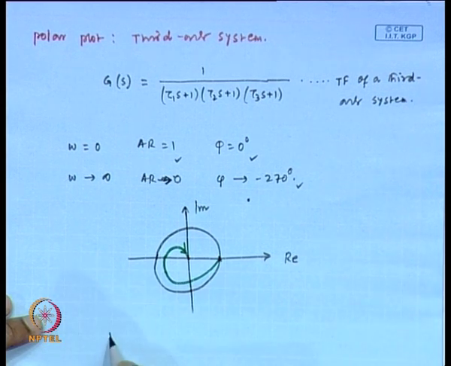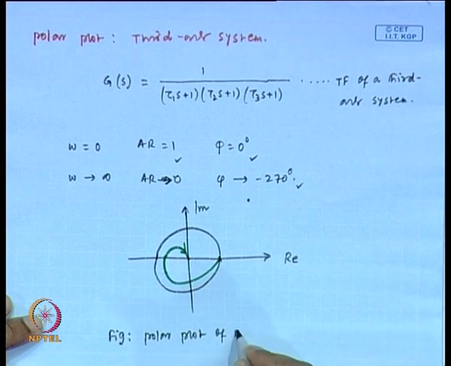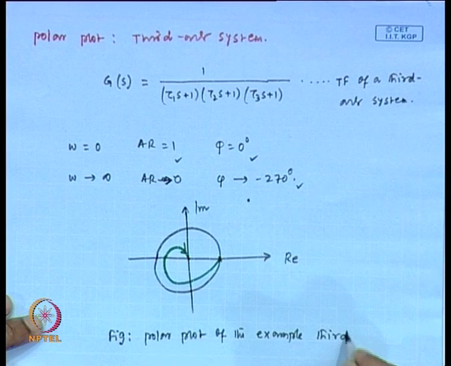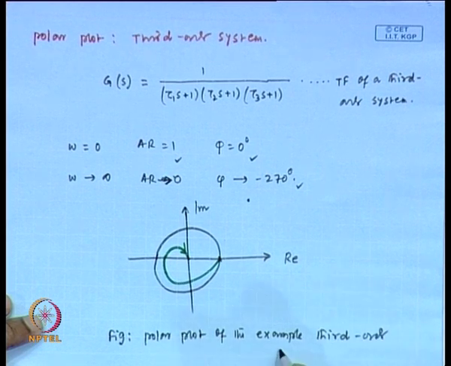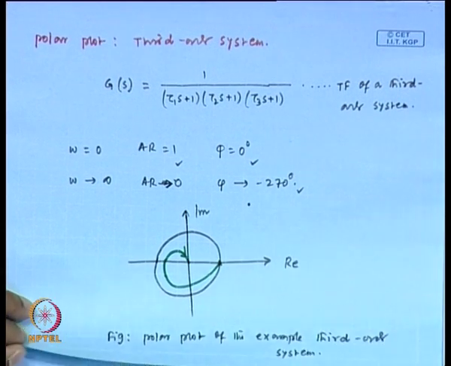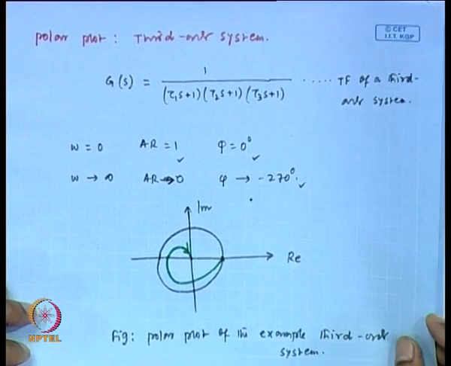So, this is the polar plot of the example third order system. Fine. This is the polar plot of a third order system.